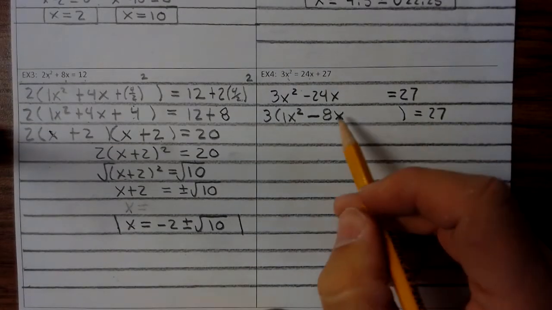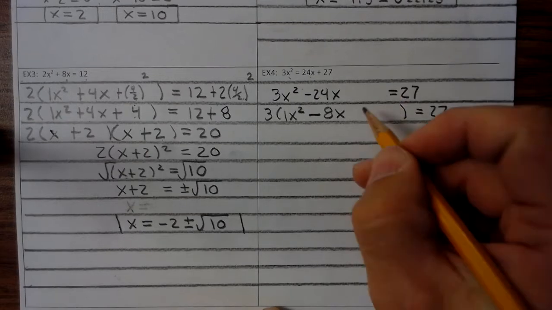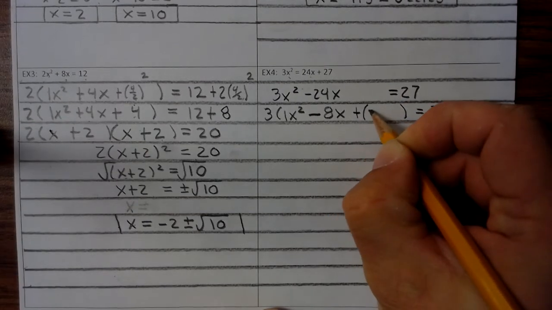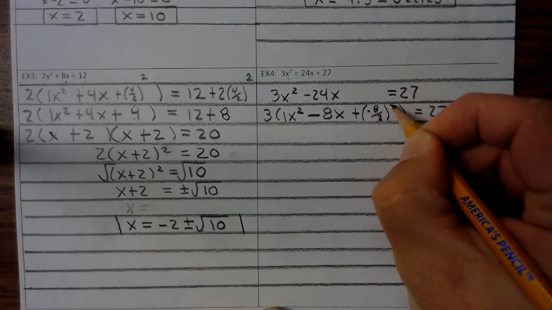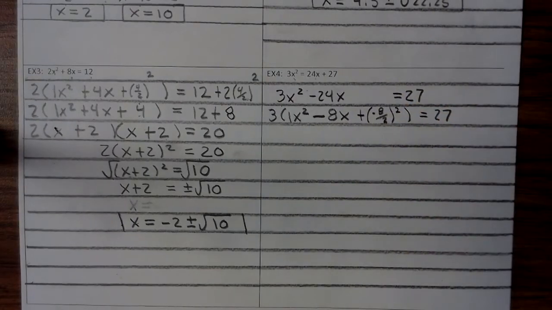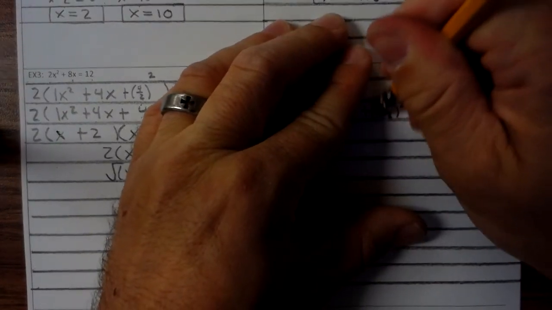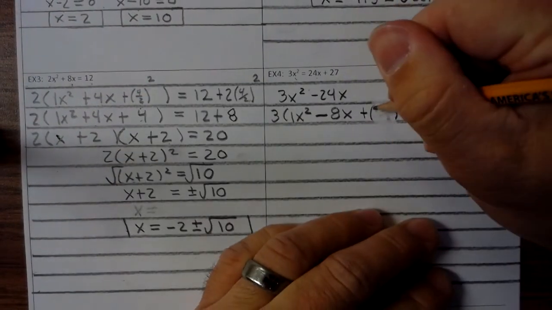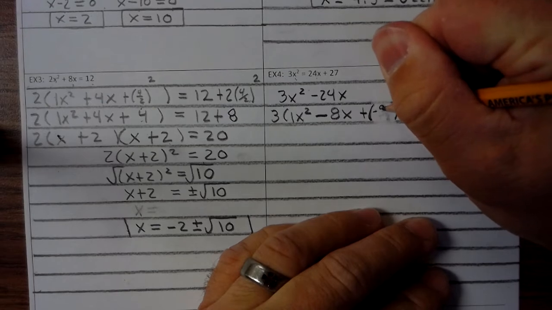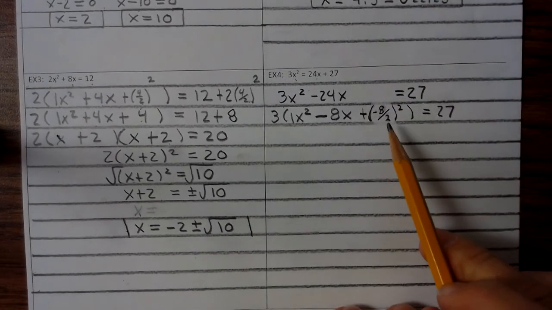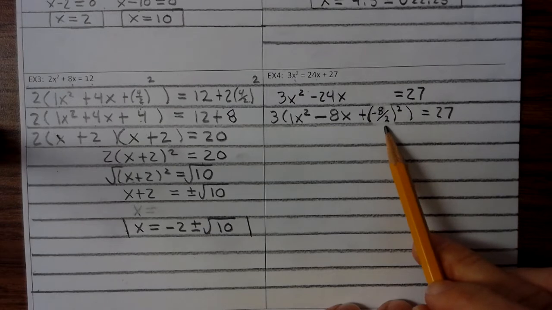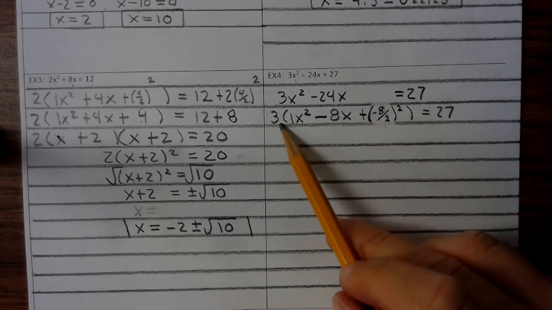So now we need to complete the square. We're going to take the middle term, divide it by 2, and square it. And sorry, that's a little hard to read. Let me try writing that again. Okay. Now, if you add it to one side, you have to add it to the other. But you're not just adding it. Remember, you're multiplying it by 3 here.